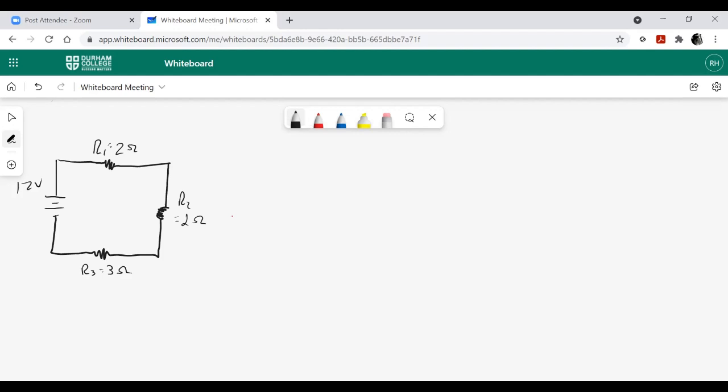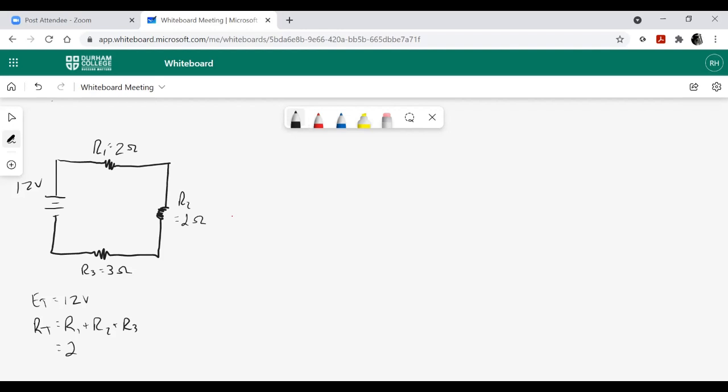Okay, so we were given E total as 12 volts. That was our given. I can solve for R total because I know that in a series circuit, as I add more resistors, it just increases my resistance. So it's actually just additive. So my R total in a series circuit is going to be R1 plus R2 plus R3.